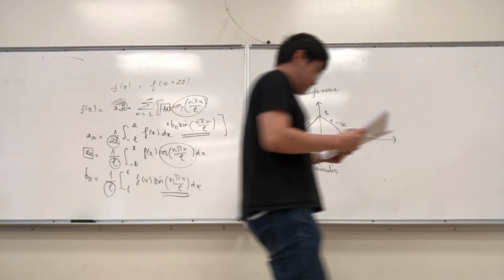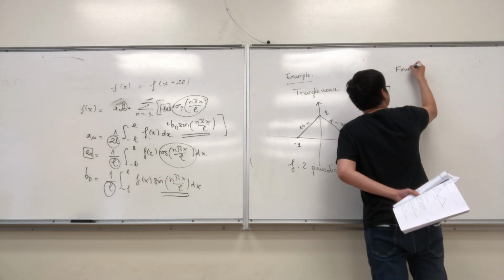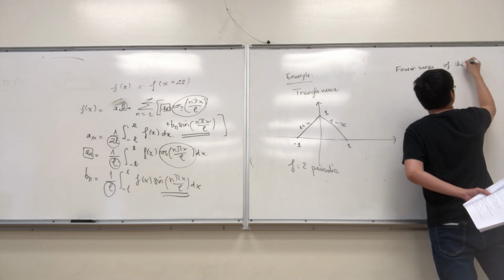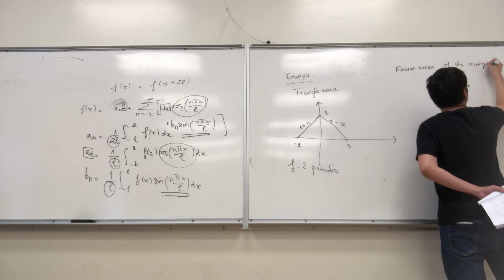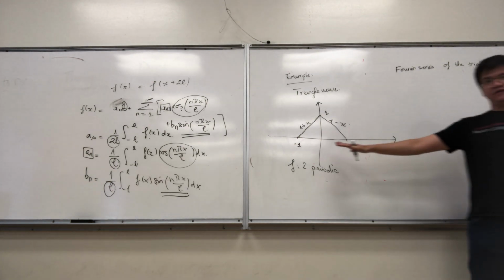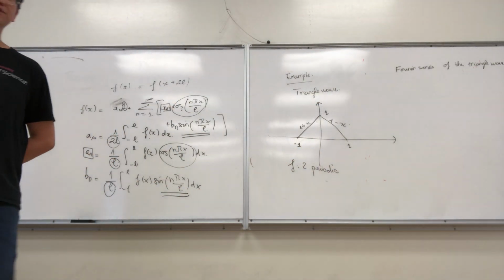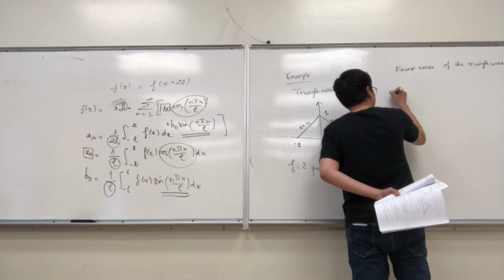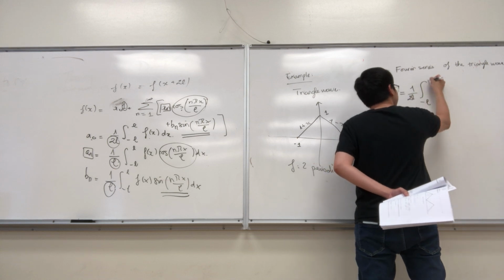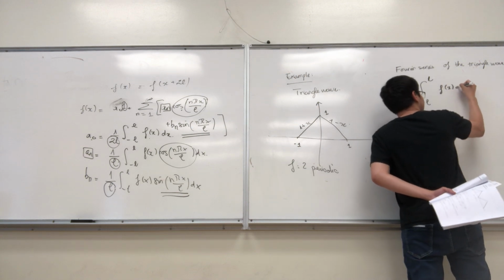Now let us try to compute a0. The Fourier series of the triangle wave: we're going to express this function in terms of all of those sine and cosine functions. So a0 will be, we're going to use the formula, 1 over 2L, the integral from minus L to L of f(x) dx.